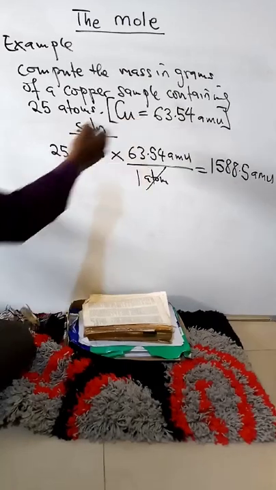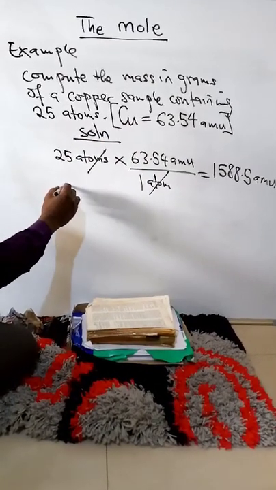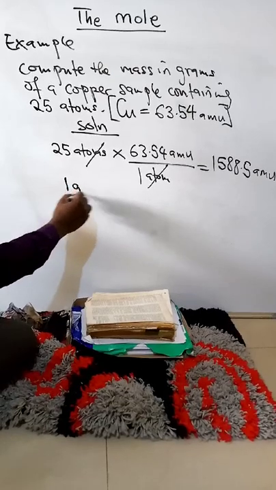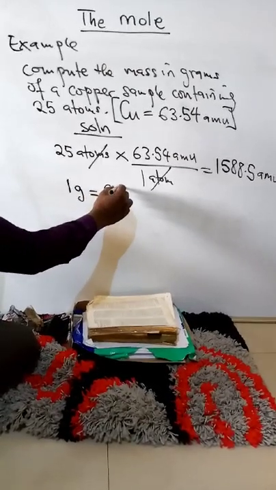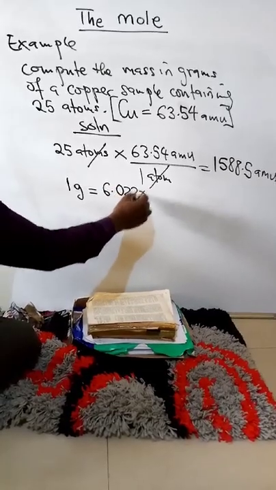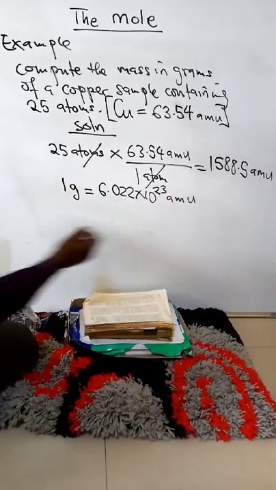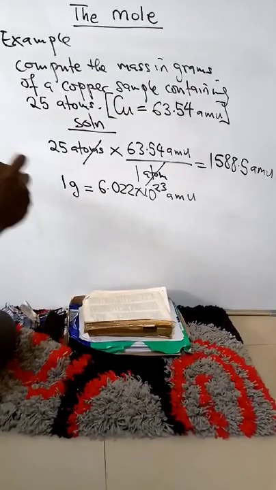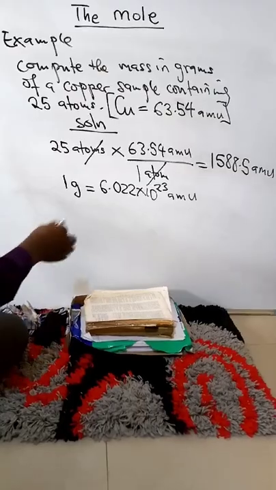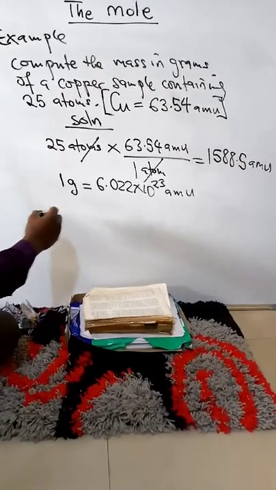Then now let's calculate the mass in grams. We know that 1 gram is equal to 6.022 times 10 to the power 23 AMU. We shall use dimensional analysis to calculate the grams of copper.